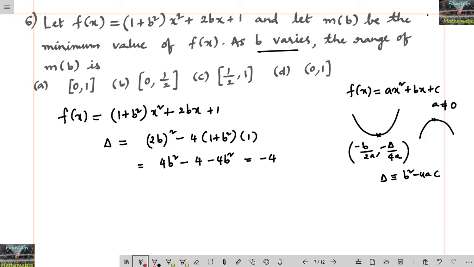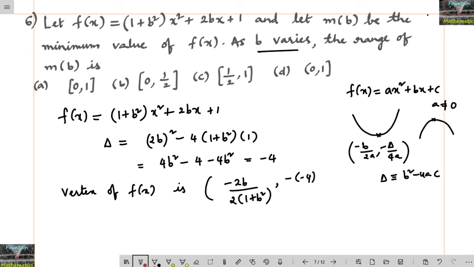And so we can write the vertex of f of x as minus b by 2a, meaning minus 2b upon 2 into (1 plus b square), comma minus delta by 4a, minus of minus 4 divided by 4 times (1 plus b square).